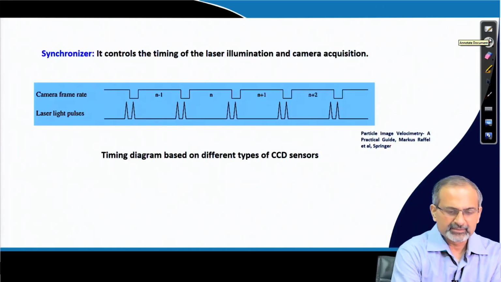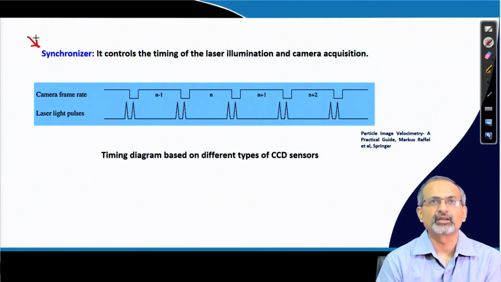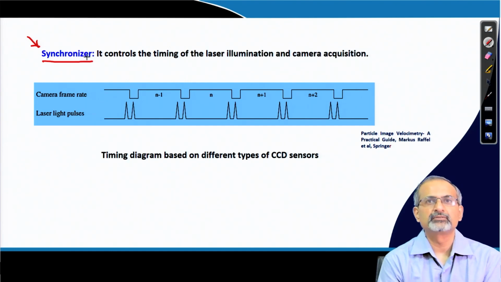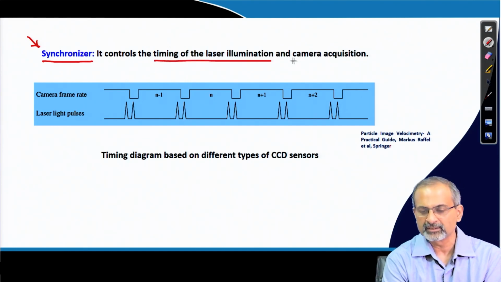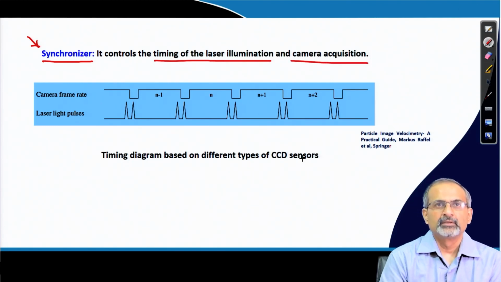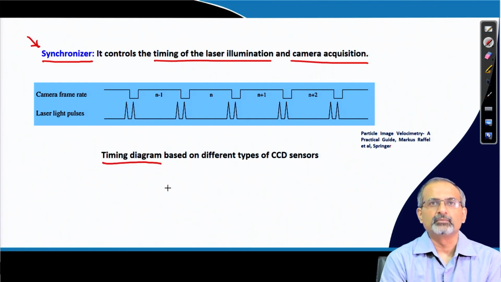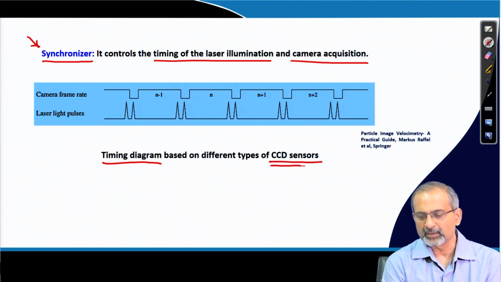Another very important aspect of the whole process is the synchronization. There is usually a piece of hardware which is called the synchronizer. It controls the timing of the laser illumination and the camera data acquisition. There is a timing diagram which can be configured by the user, and the timing diagram is also dependent on the sensor that you are going to use at the camera end.